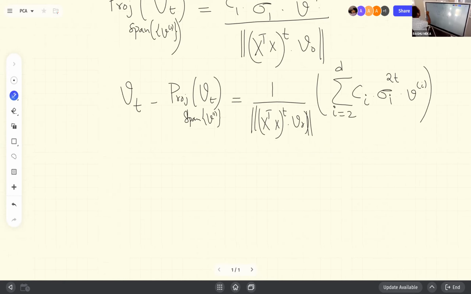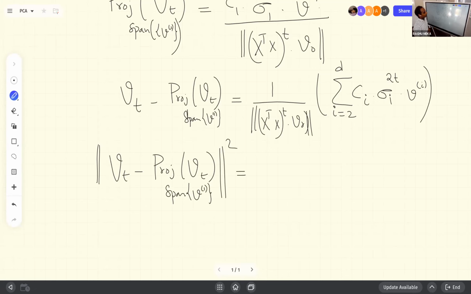Okay? And we also know that the v_i's are orthonormal vectors, so they're perpendicular to each other. So what can I say about the norm of this distance to the true singular vector? What is an expression for the norm of this distance? Well, I have given you the expansion. We have arrived at the expansion in an orthonormal basis, right?